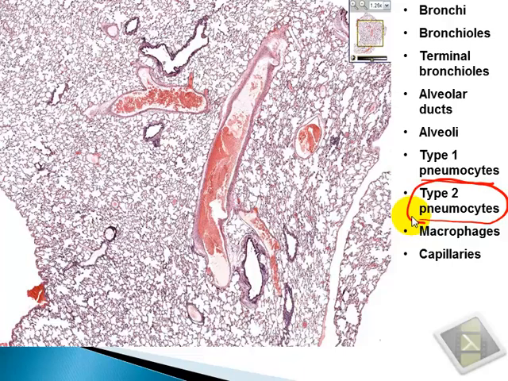They look like macrophages, but they are not at all macrophages. We have other macrophages, called alveolar macrophages, inside the lung. So these type 2 pneumocytes are the ones which produce surfactant, which keeps the alveoli open. So they have the function of providing surface tension.